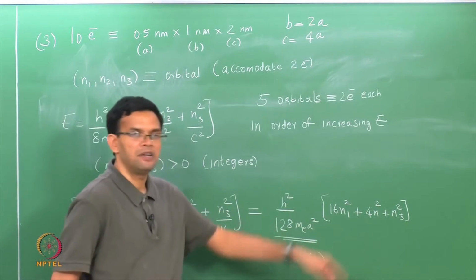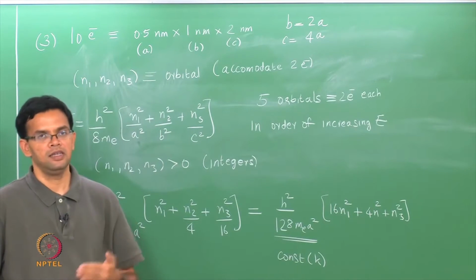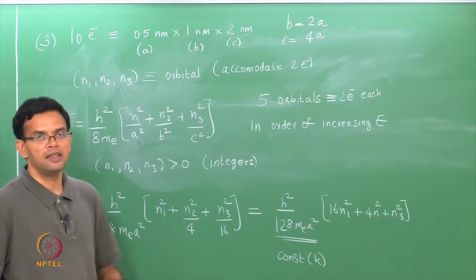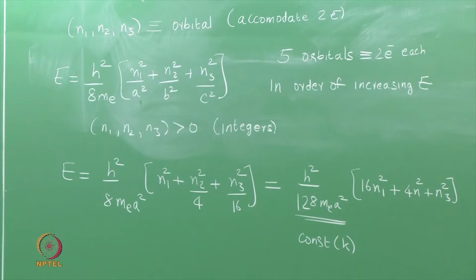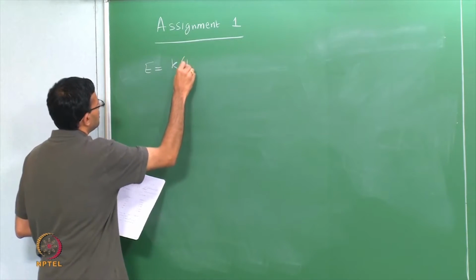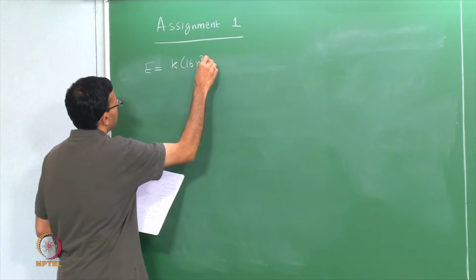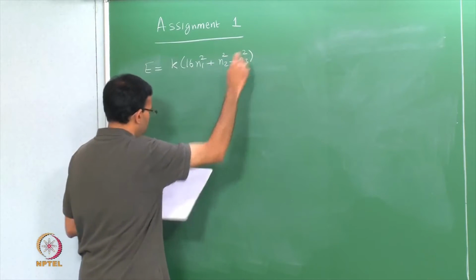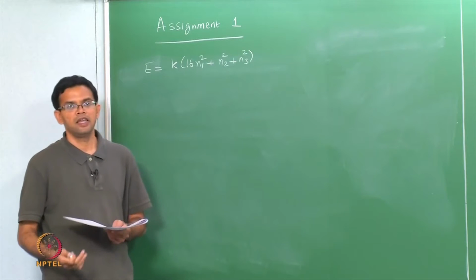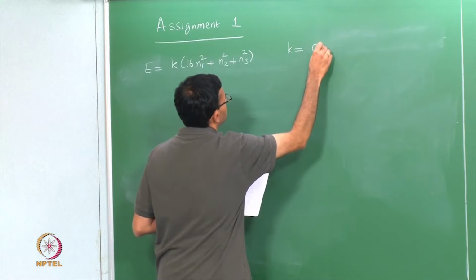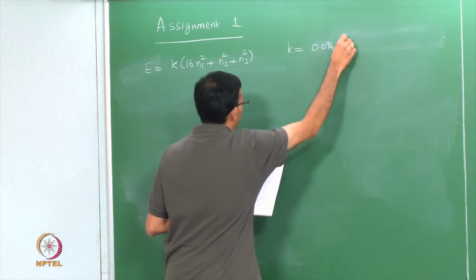So, we can plug in different values and then basically see the lowest 5 energy levels, and then we can put the electrons in them. So, let me write that in the form of a table. So, we have the energy E is nothing but a constant times 16 n1 square plus 4 n2 square plus n3 square. k we can evaluate and k comes out to be 0.094 electron volts.